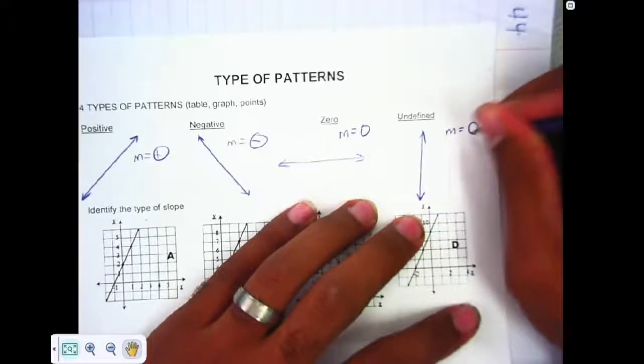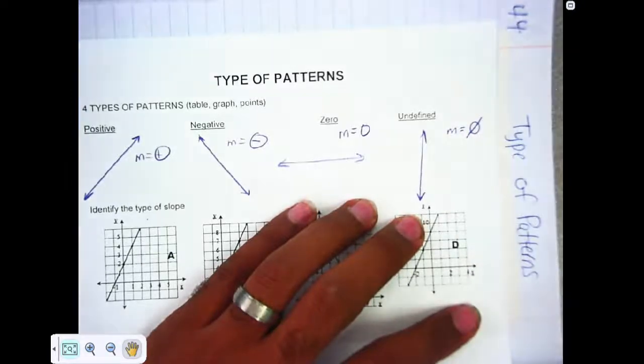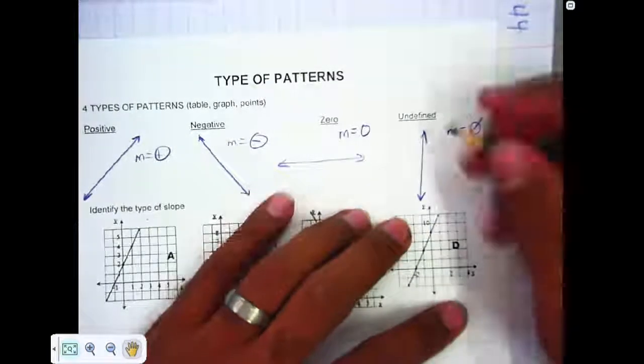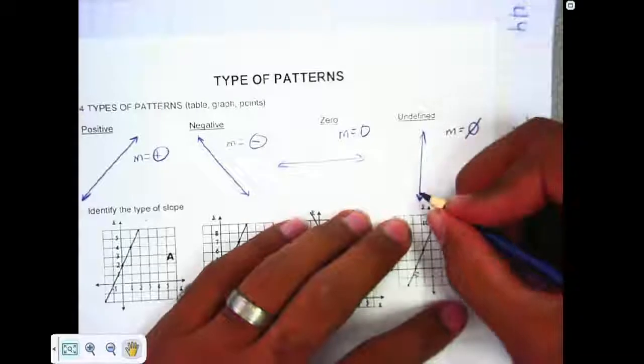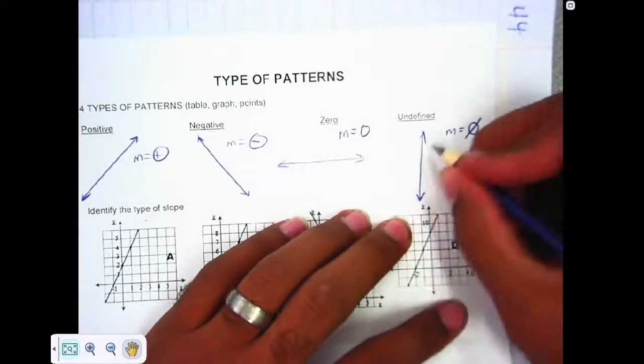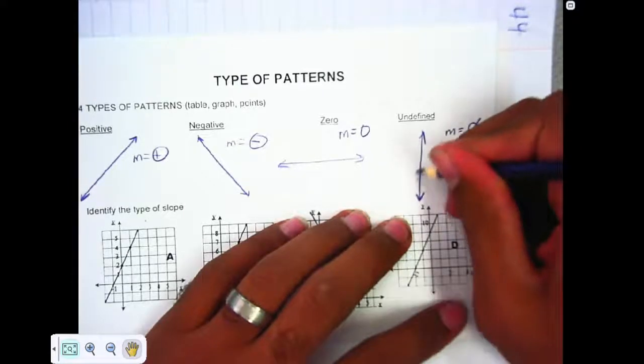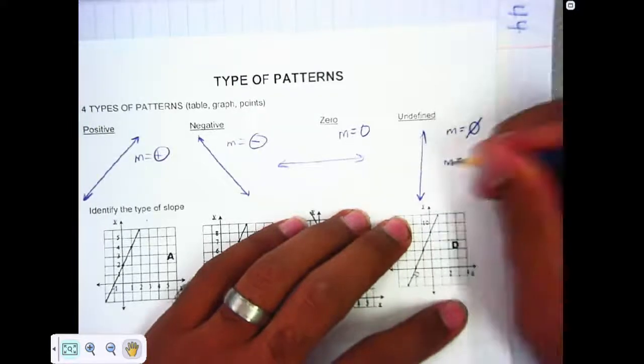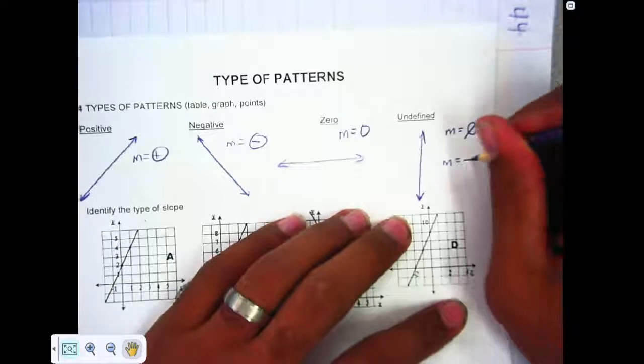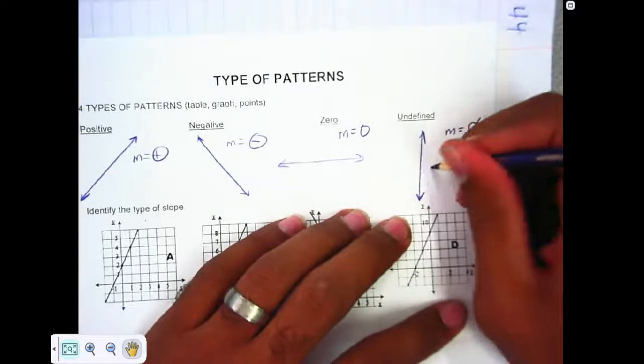So you'd put the 0, but then a line through it. Okay, all the way through. And the reason that this is undefined is because y is increasing. Y is getting bigger, 1, 2, 3, 4, often forever. Okay, but x is not increasing.